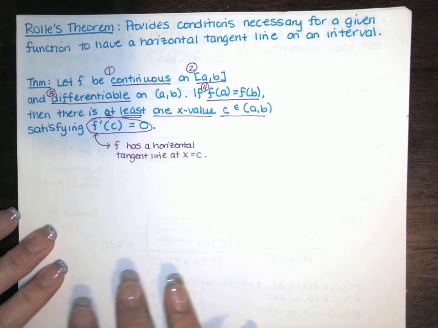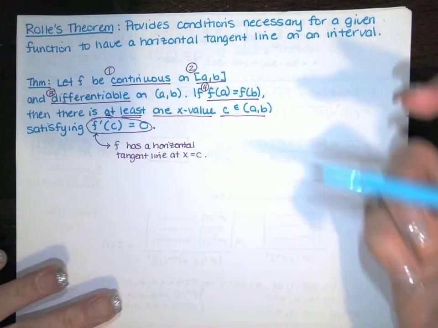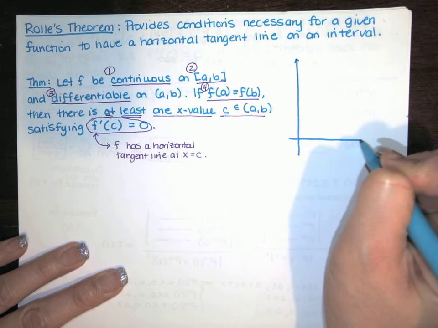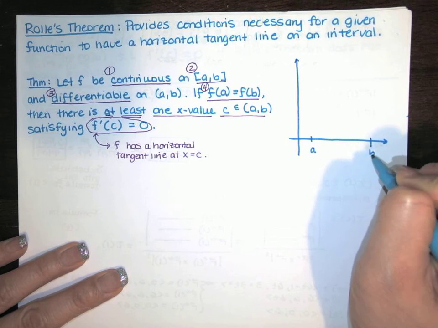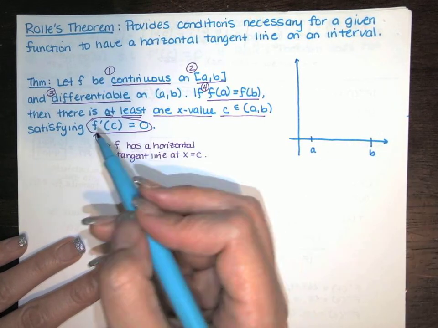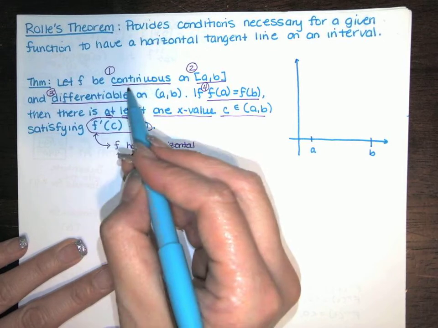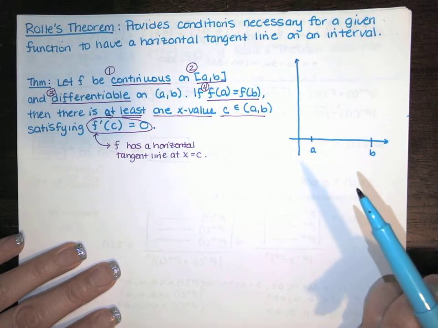Now let's draw some pictures and make sure we understand what this is telling us. Here's the idea. We're saying f is a continuous differentiable function on the interval from a to b, and f of a and f of b are the same.